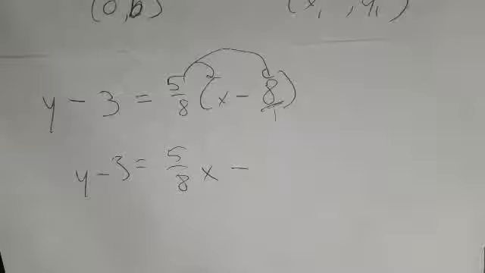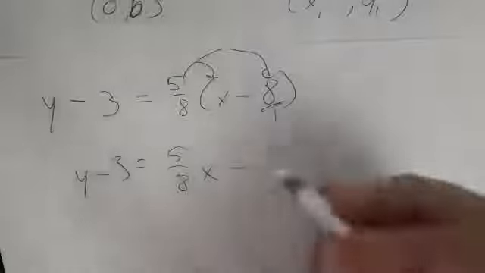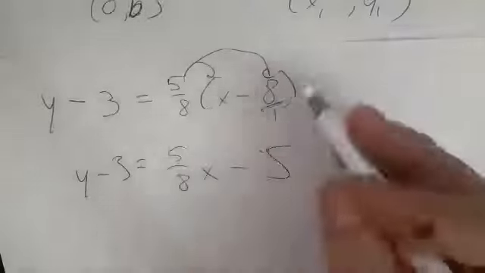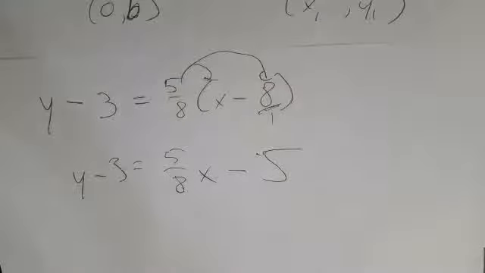Let me check to see if that's right. Yes, I got 5. We take 5, divide by 8, multiply by 8, and it's going to spit us back 5.